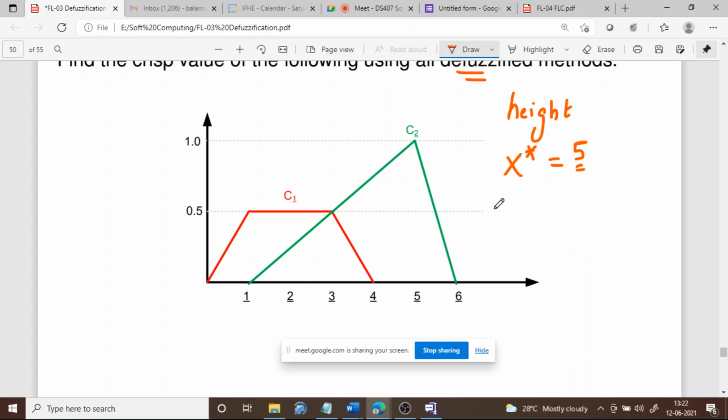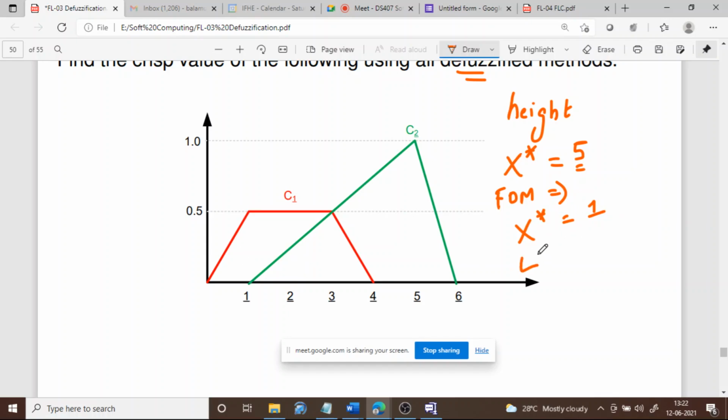Okay, fine. Consider this C1 alone. If you apply the FOM technique, then what will be the crisp value? What will be x star? Yes, x star will be 1, because here it is getting the maximum value.